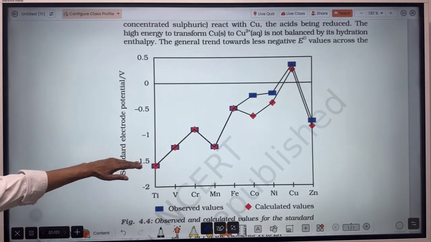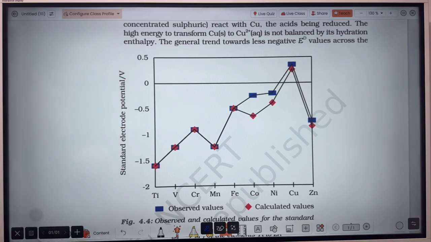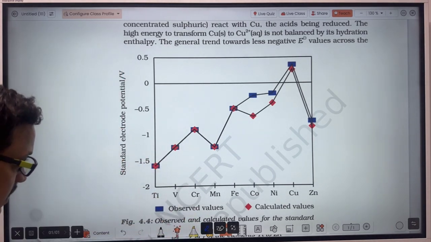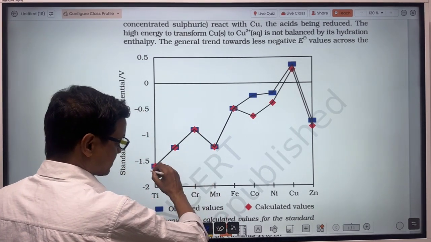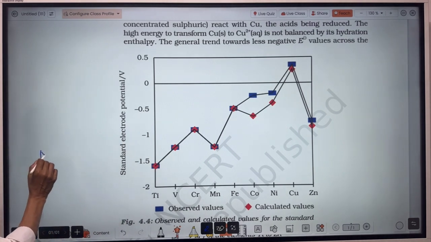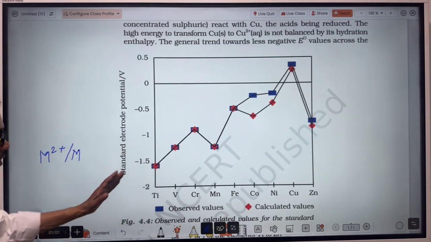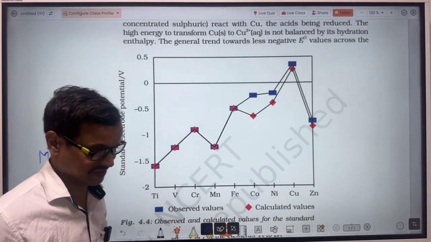Here, -2, -1.5, -1, -0.5, 0 and 0.5. So on moving across the period, the standard electrode potential of M2+/M is becoming more positive and less negative.